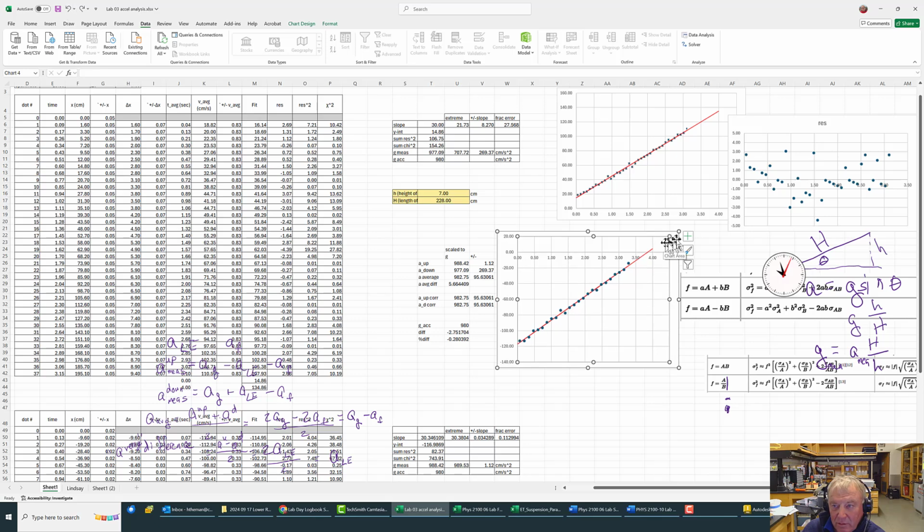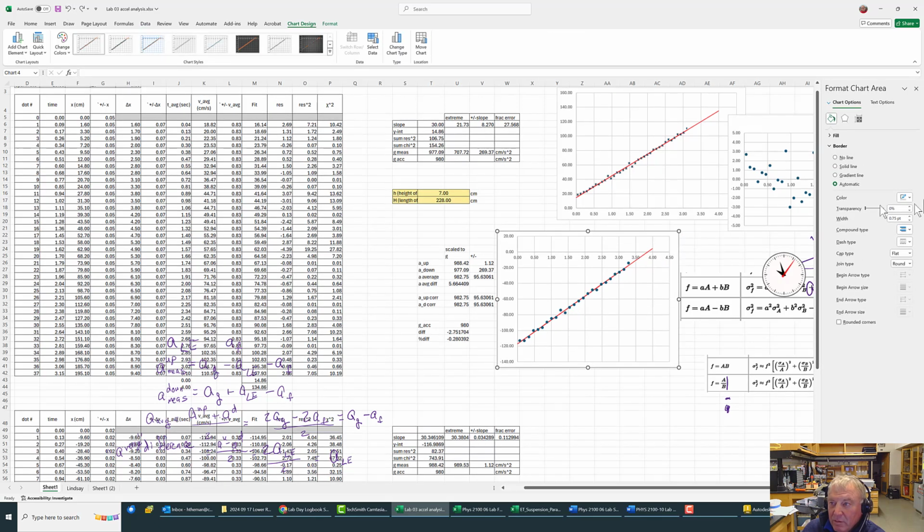And so let's go ahead and let's see. I don't even know if there's any error bars at all. No. Now, it would be neat if I could just add just the 1, but I guess not.